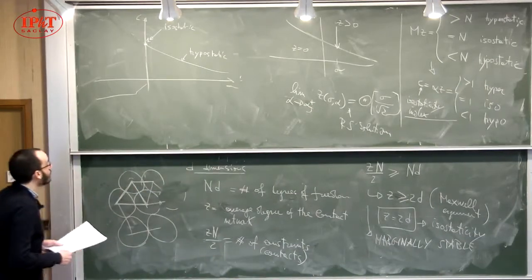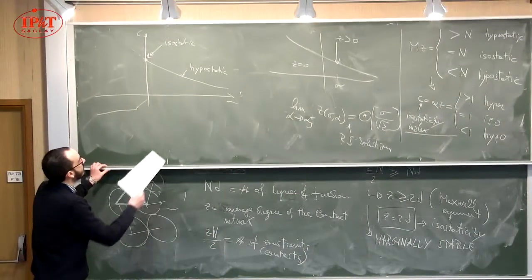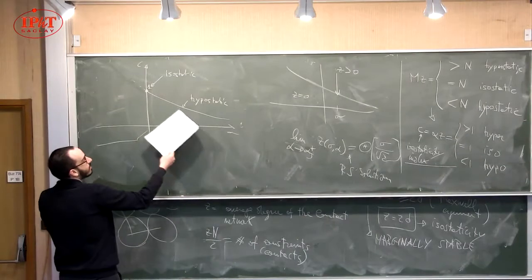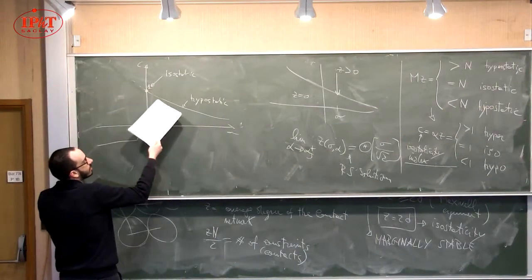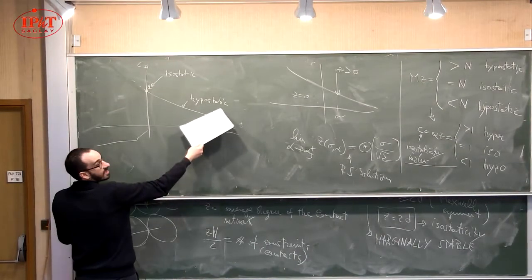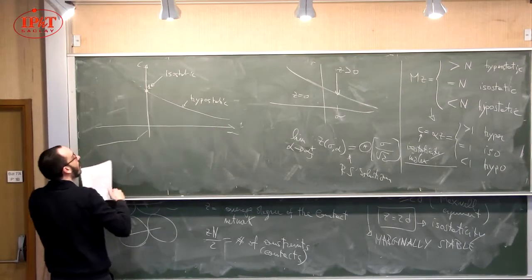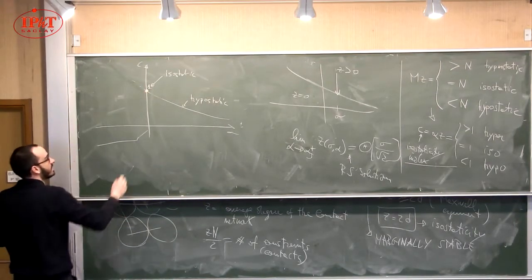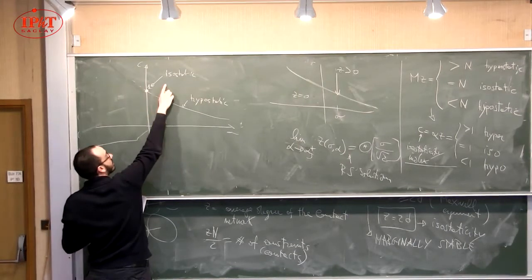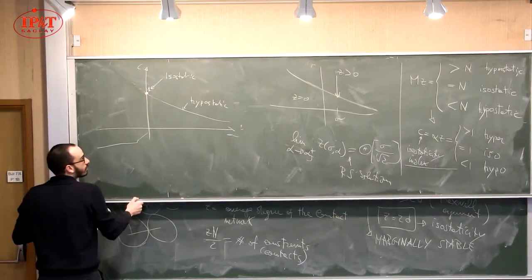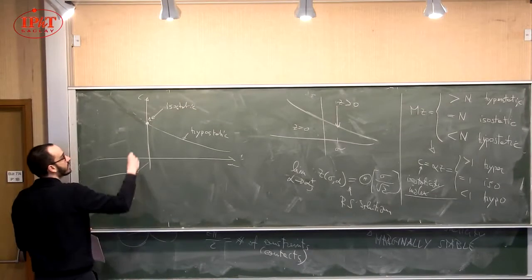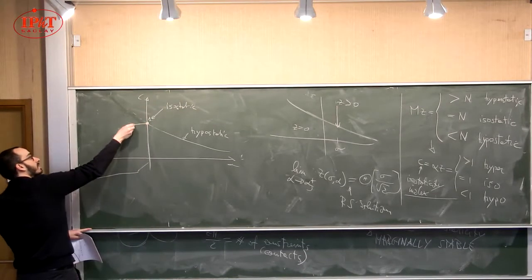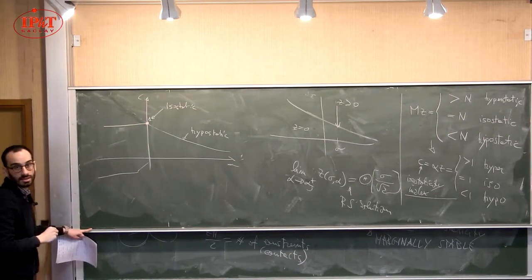Okay. So what we have seen here is that when replica symmetry is unbroken, the jamming transition line is hypostatic, okay? And only when you go at sigma equal to 0, they become isostatic. And what I will show you in the next lectures is that actually this line is like that. Okay.